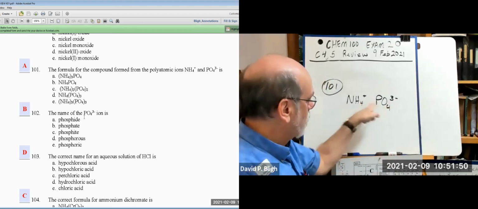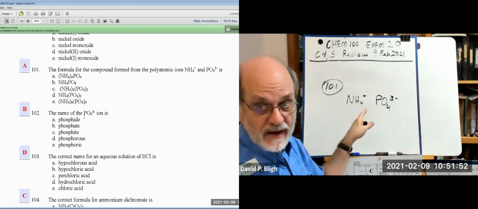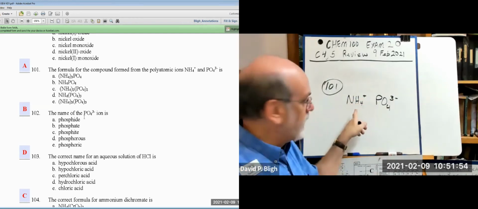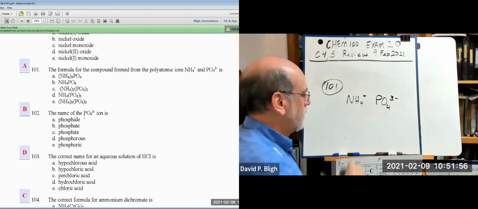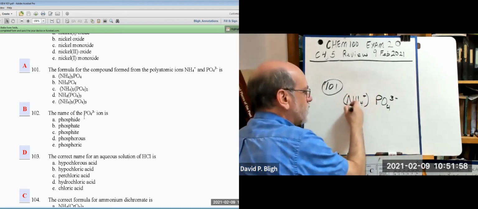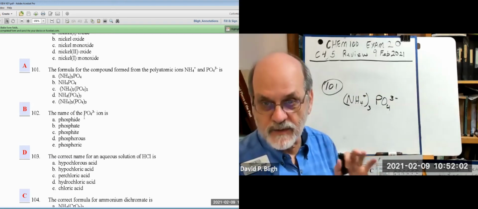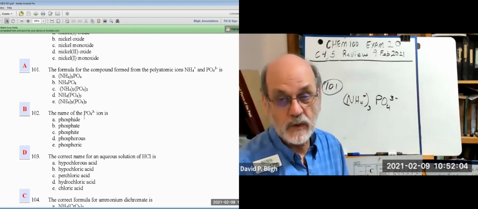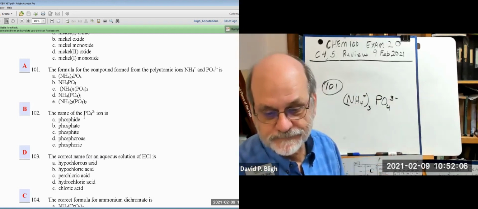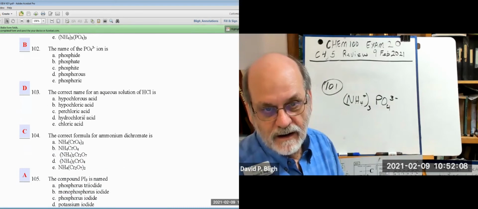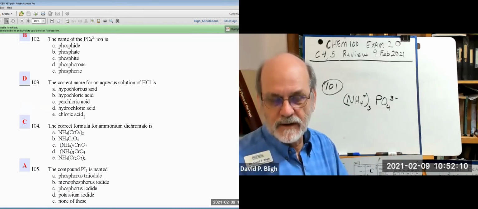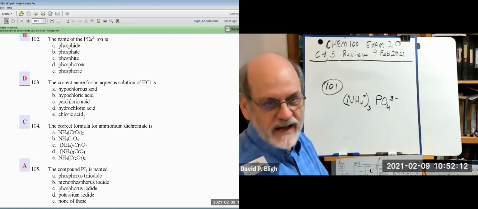Right? So you need 3 of these. Since they're polyatomic, you can't mess with these subscripts. So you need 3 of those. 3 pluses balance 3 minuses. So that's why A is the answer to that one.